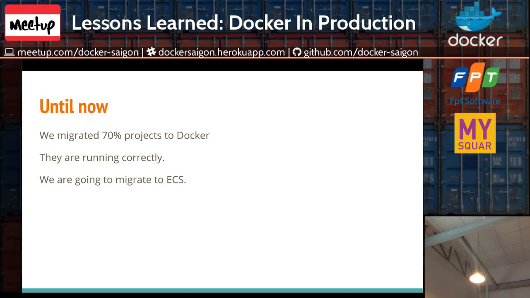But I think we need a tool to manage the Docker cluster, and we plan to migrate to ECS, the EC2 Container Service of AWS, to manage Docker and deployment. Maybe in the next video I will present about ECS.